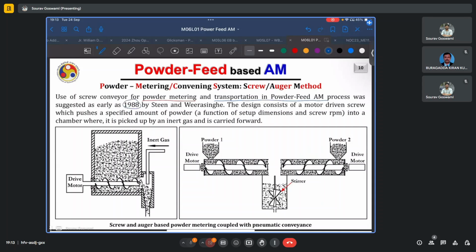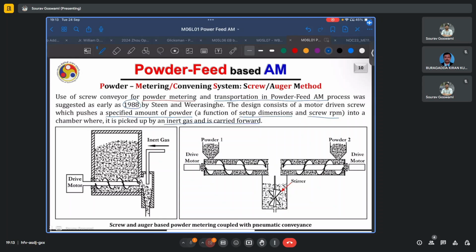The design typically consists of a motor-driven screw which pushes a specified amount of powder into a chamber. This amount of powder is a function of the setup dimensions and the screw RPM. Once it is pushed, an inert gas is used to carry the powder forward.